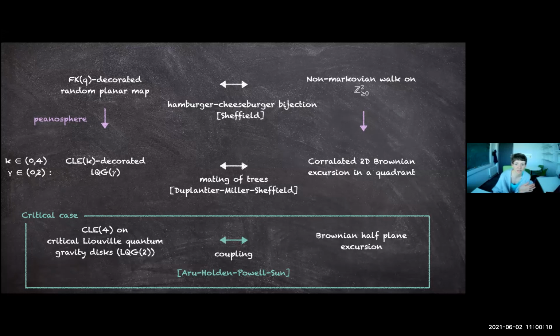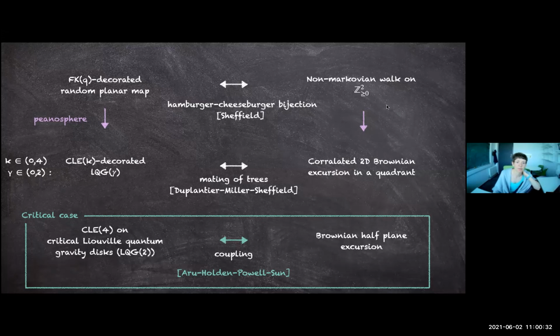Can you go straight from your non-Markovian walk in the case q equals 4, do a different renormalization to what Sheffield does in his paper, so that you don't get something trivial in the scaling limit, you don't get just one Brownian motion, but actually get a Brownian half plane excursion in the scaling limit?